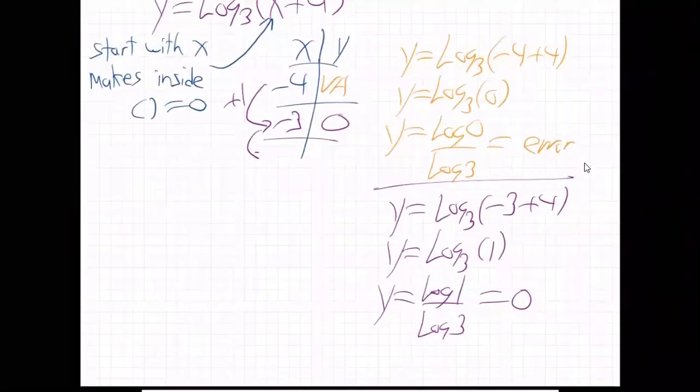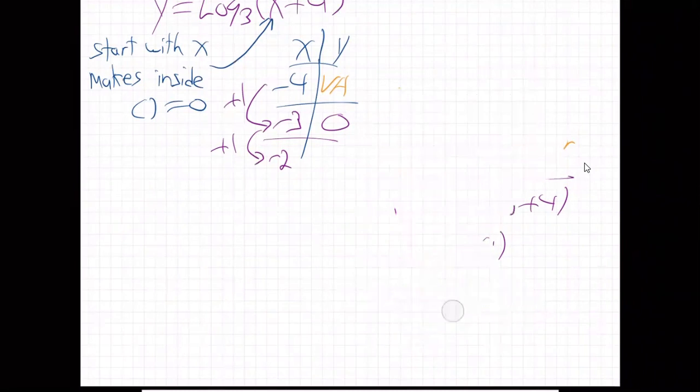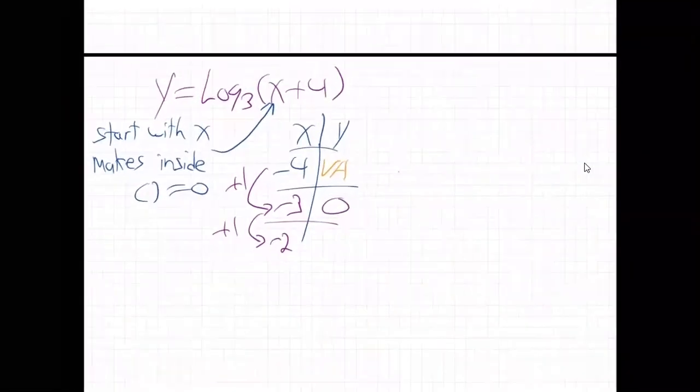So then we add 1 again. We get -2. So when we come up here, I'm going to plug in -2. I'm thinking about what's going to be the easiest for us here.